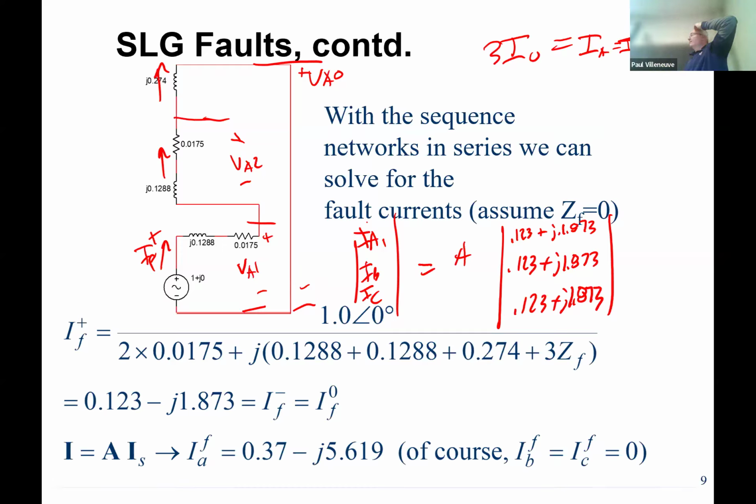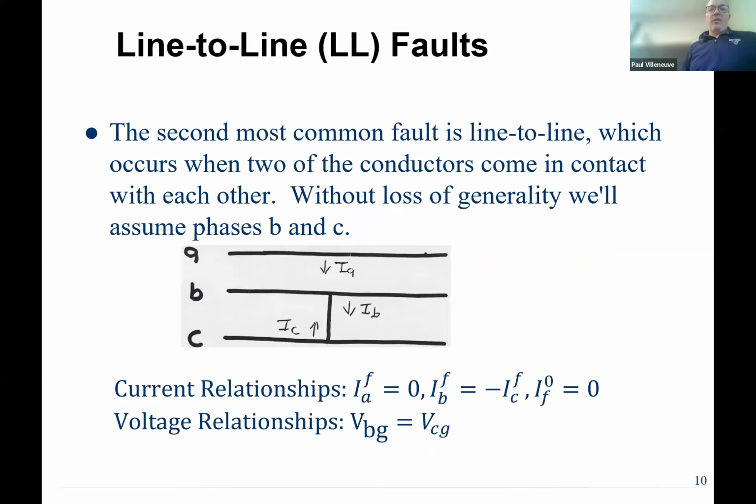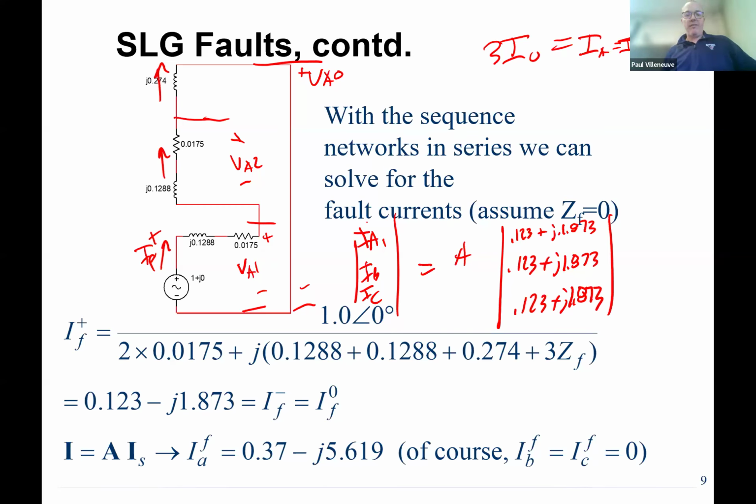All right. So to do single line to ground faults, you're going to take all three of those sequence network diagrams, put them in series, and then you calculate IF, then you can calculate IA. If you want to solve for the voltages at the fault, we know that VA is going to equal 0 because that's where the fault is. But what you'd have to do is solve for VA1, VA2, and VA0.